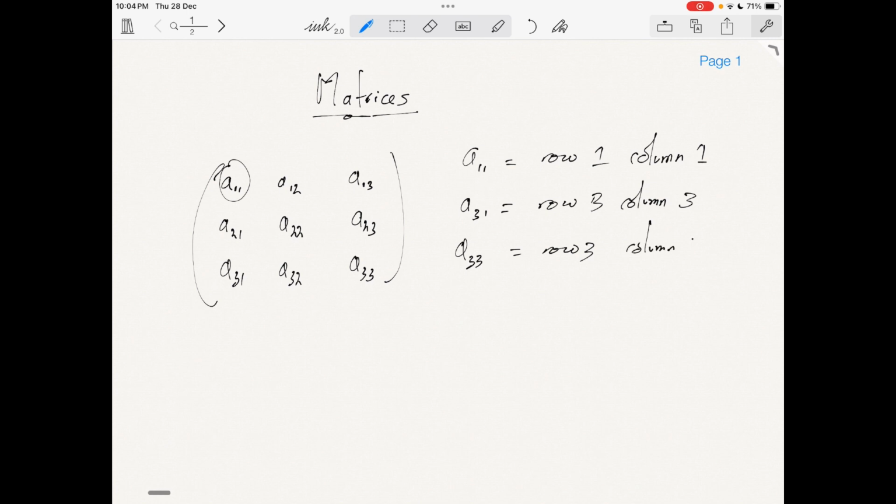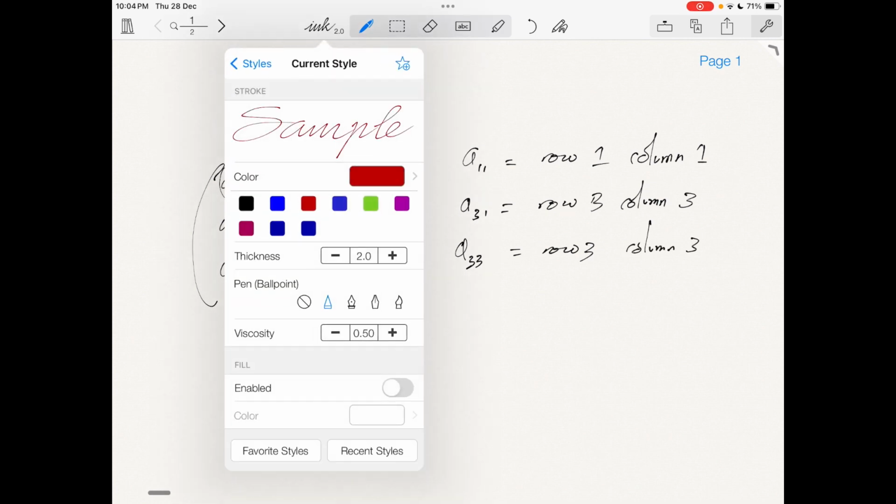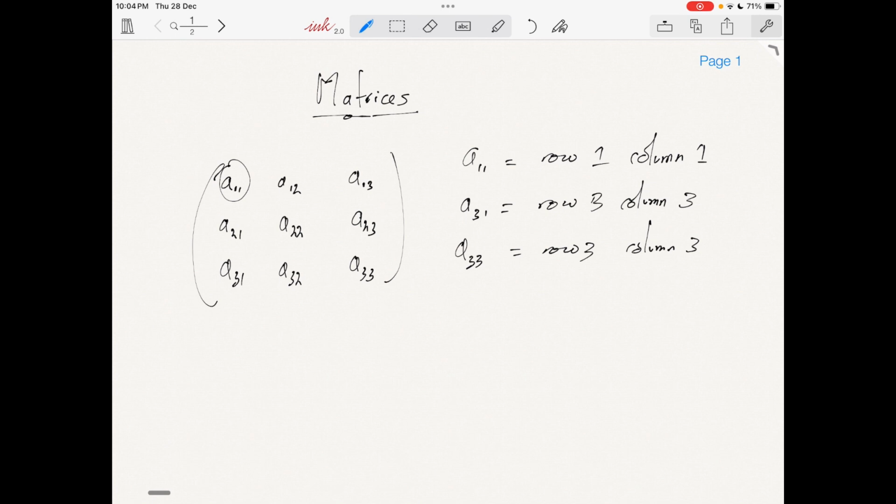Okay, so in short, these are the rows, and these will be the columns. Columns are represented in blue and the rows are represented in red.